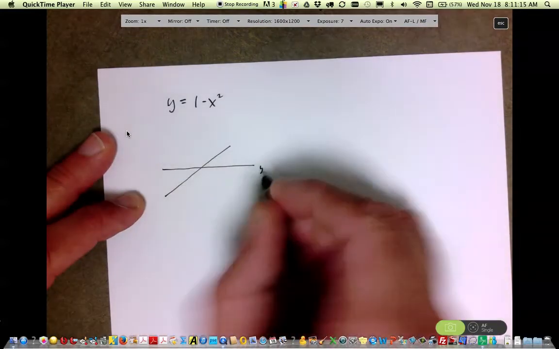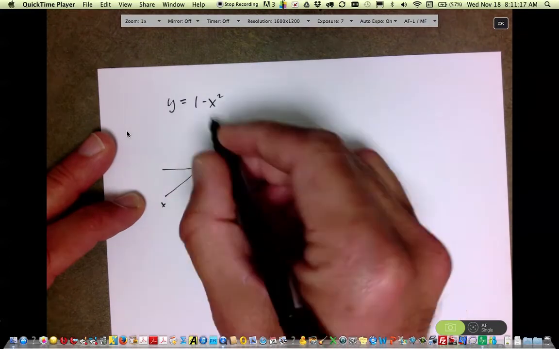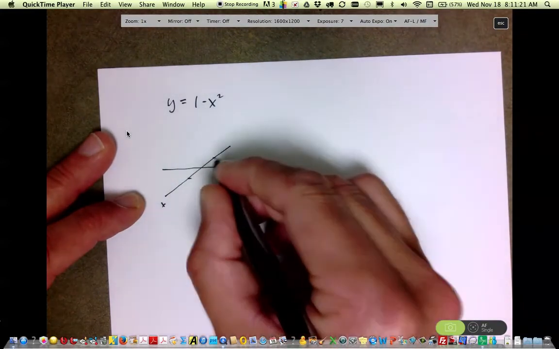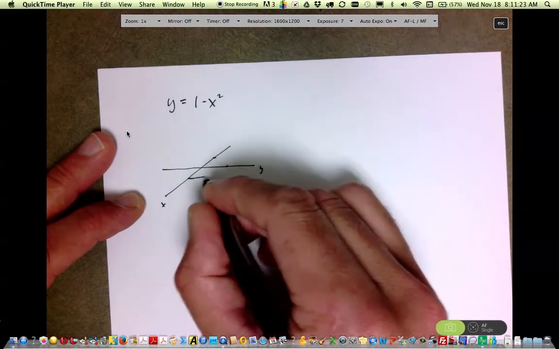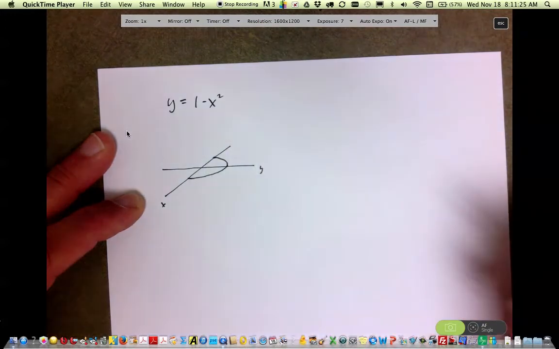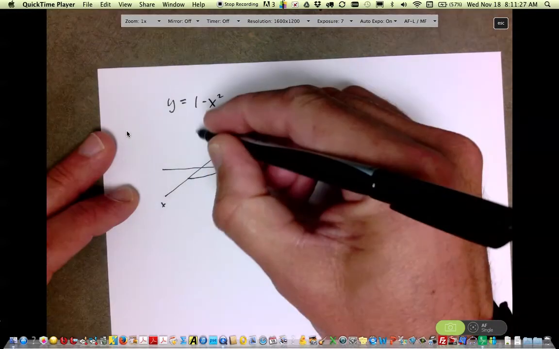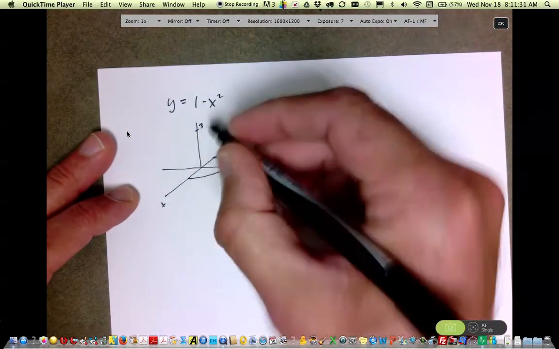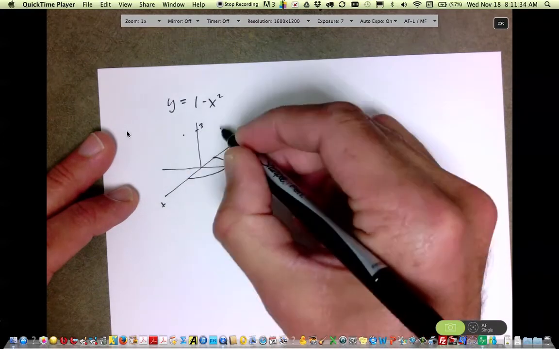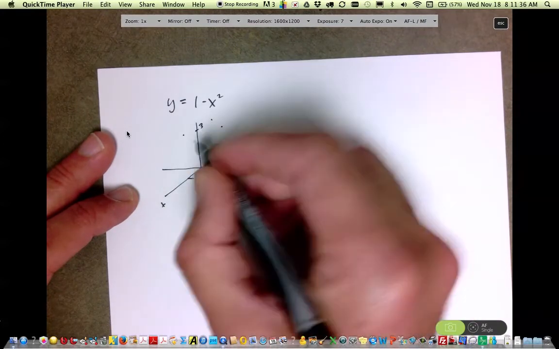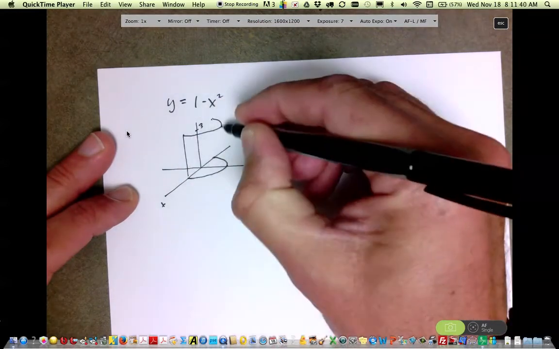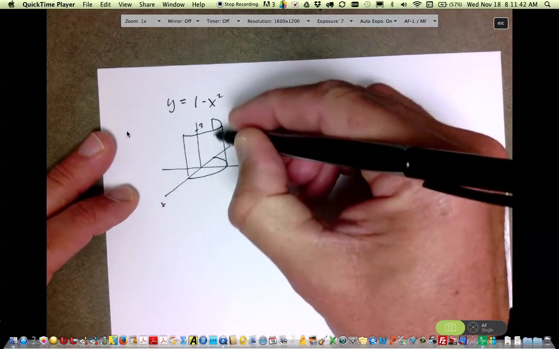This is the xy plane, and this parabola opens downward. Let's say that z goes up to 3, and our surface is going to look something like this.